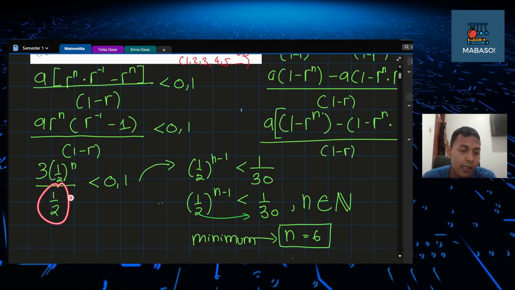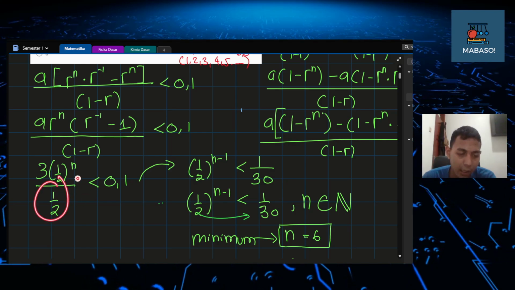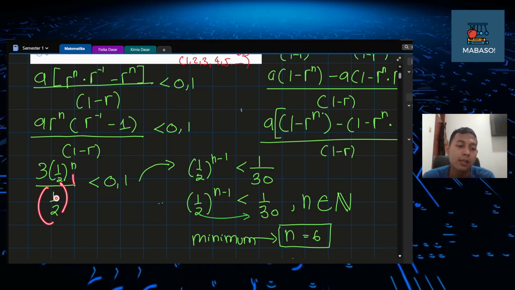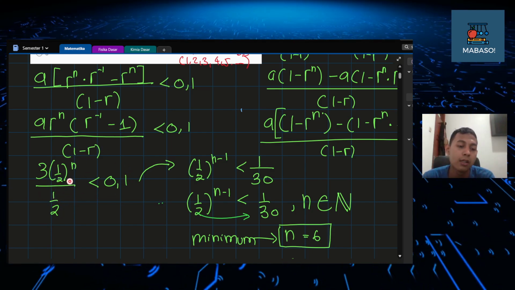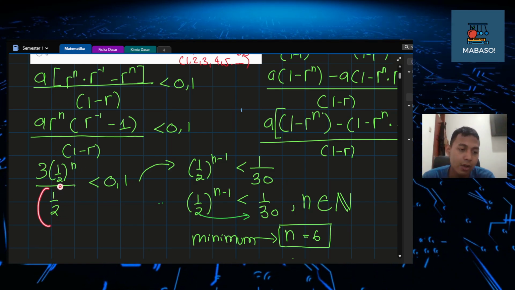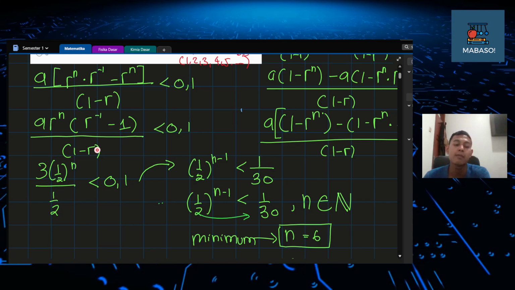And this is exactly an exponent too, with the basis a half, and the power is 1, right? Both exponents have the same basis.